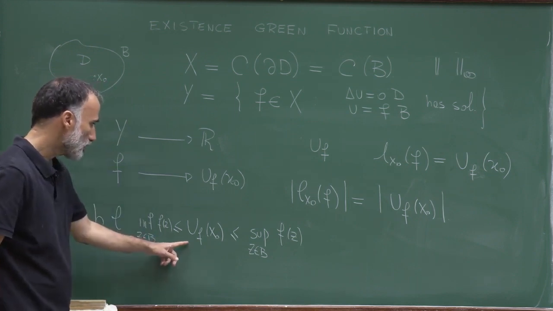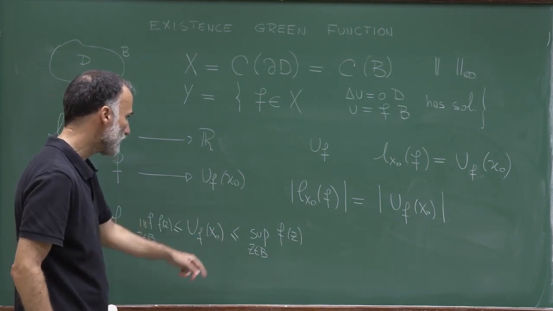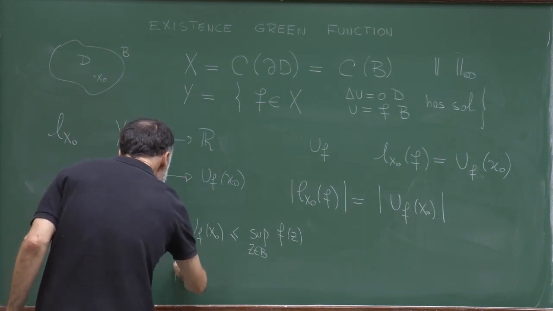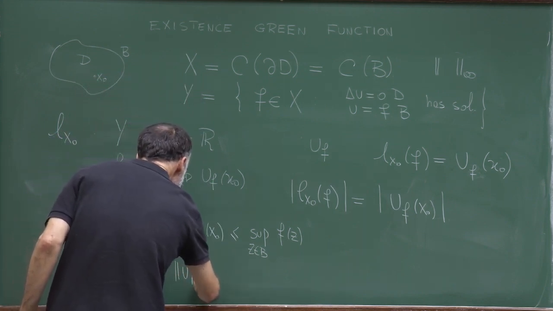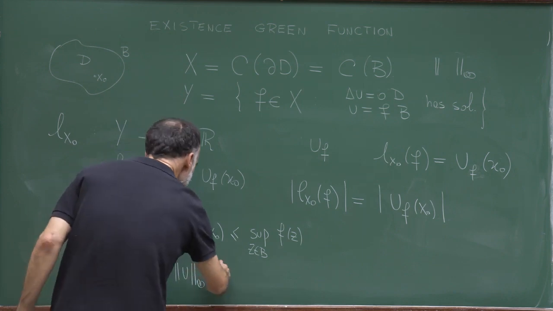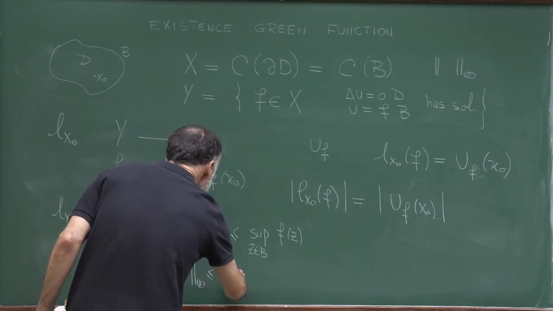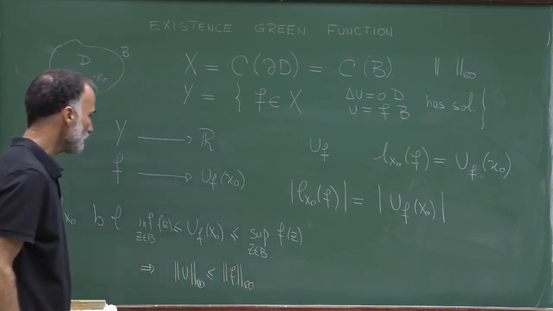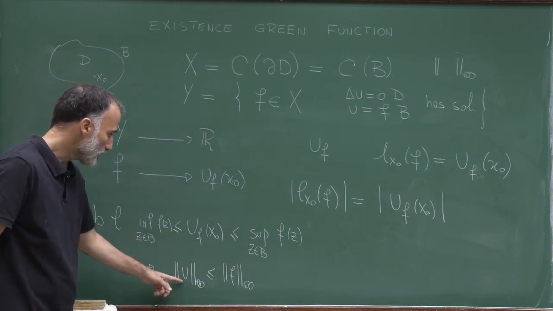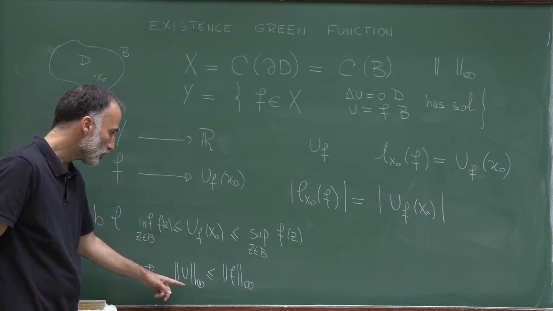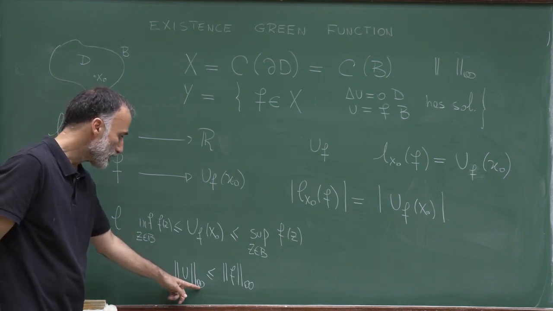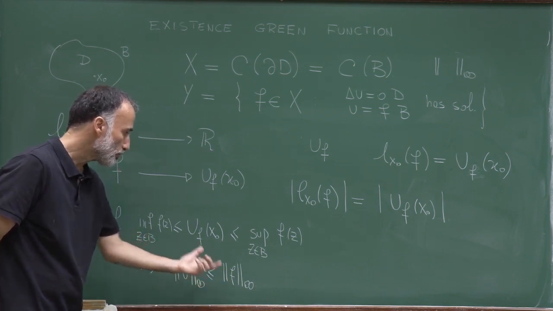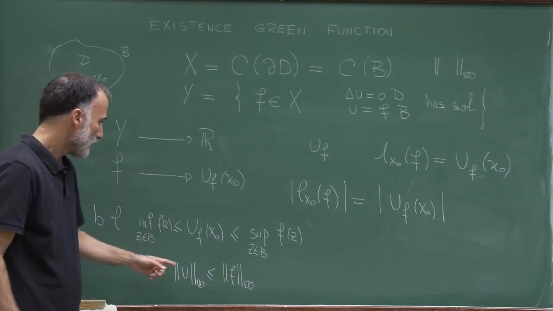And it follows from these two inequalities that the L infinity norm of u is bounded by the L infinity norm of f. Mind that here I'm taking the L infinity norm of u on the closure of D, and here I'm taking the L infinity norm on the boundary of D.